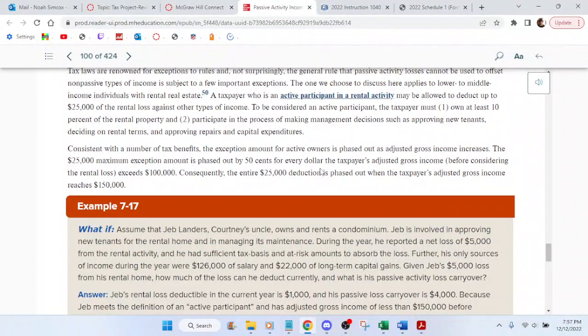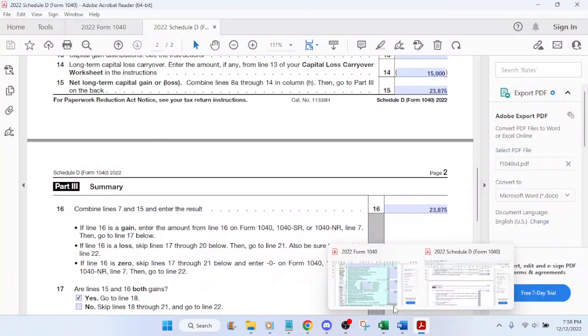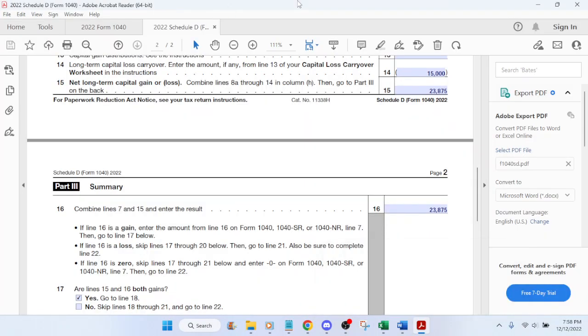This way. So don't consider the rental loss in the AGI. And it's going to be way over 150. It's going to be way over 150. So that means the rental loss is not included in the statement at all. Oh no, this is annoying.